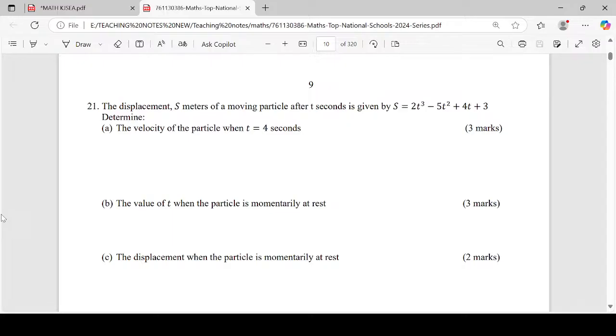Determine the velocity of the particle when t is equal to 4.